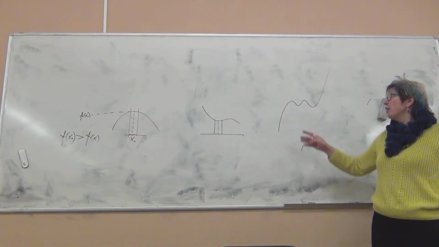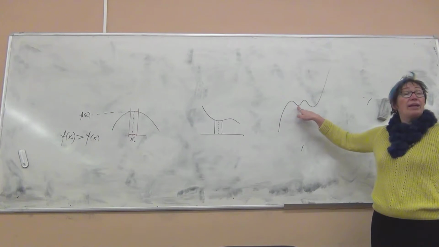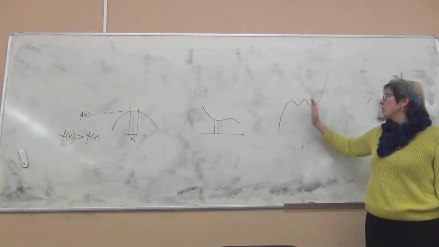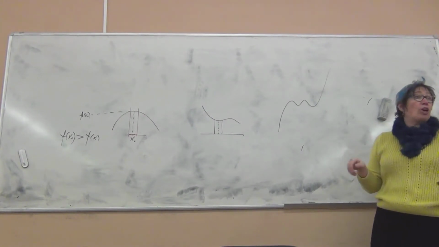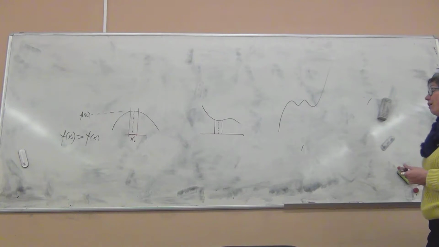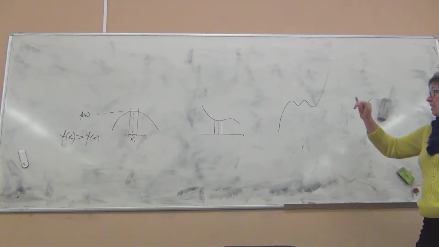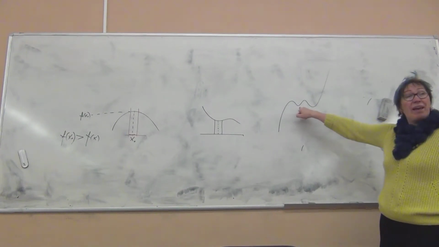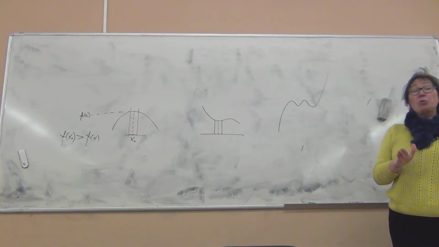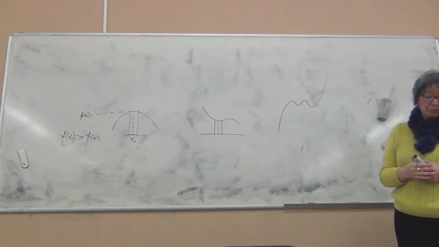The thing is that locally this is the least value. Locally this is the greatest value. It doesn't matter that somewhere else the function is changing again and the values are exceeding those values again. So what matters is that this is the peak, or this is the bottom of the valley. This is what we are mostly interested in when we investigate functions.